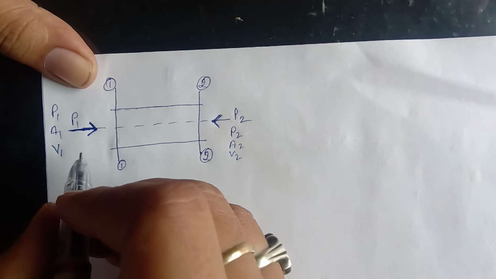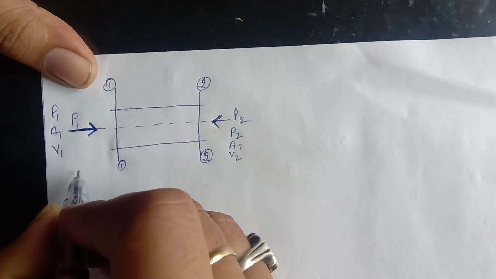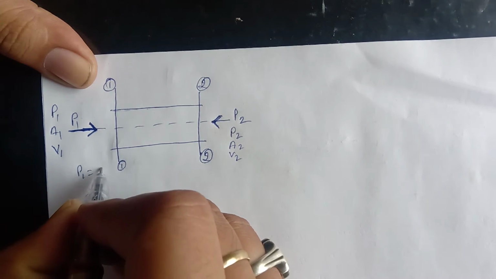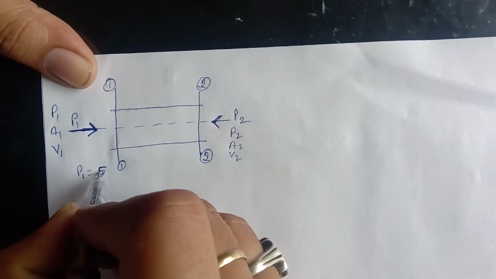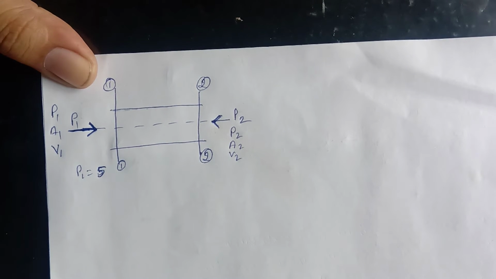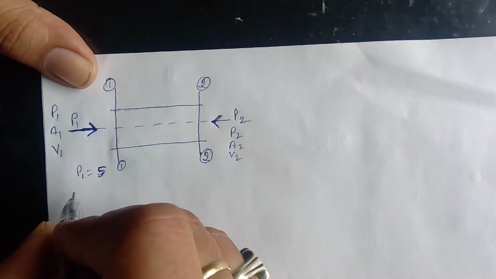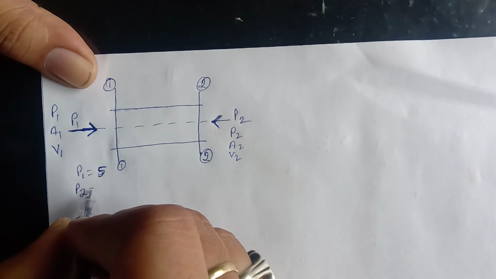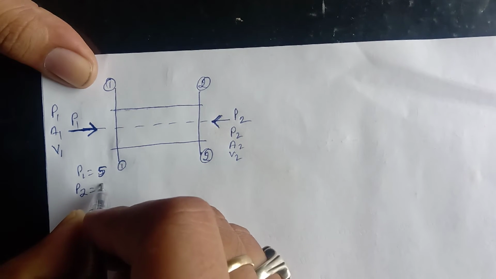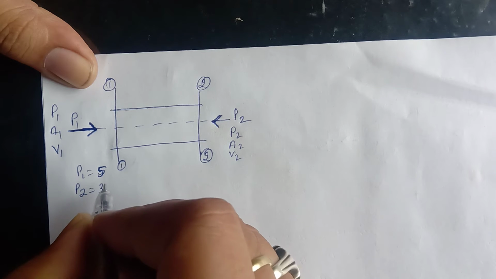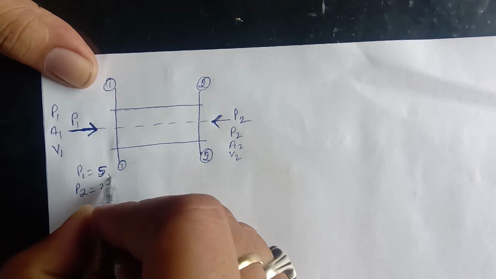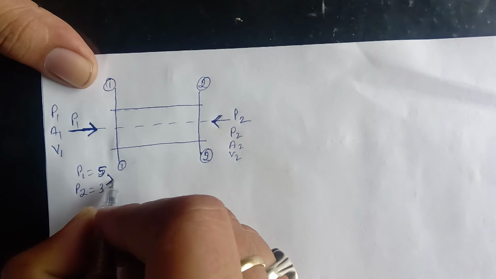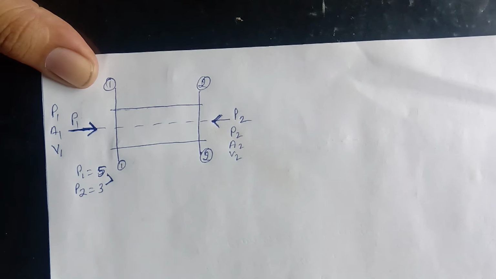Okay, it means that if at all my P1 is 5, we can say bar, okay, and if P2 should be less than 5, it may be 3. Okay, so since there is difference in pressure, my liquid will flow. If at all there is no difference in pressure, liquid will not flow.